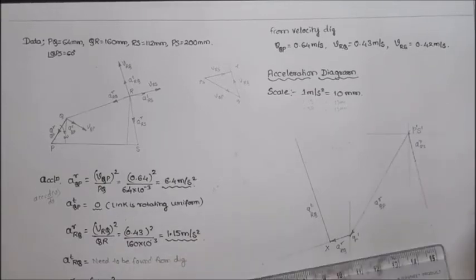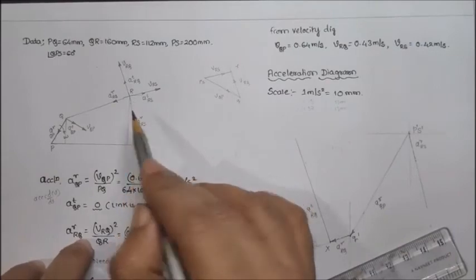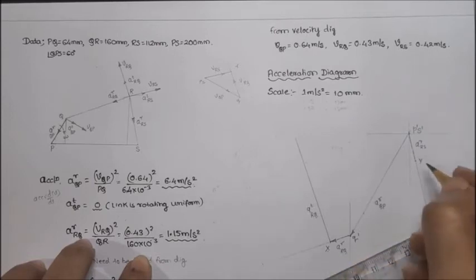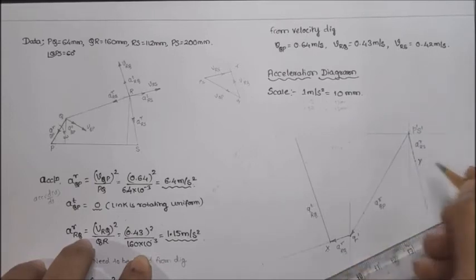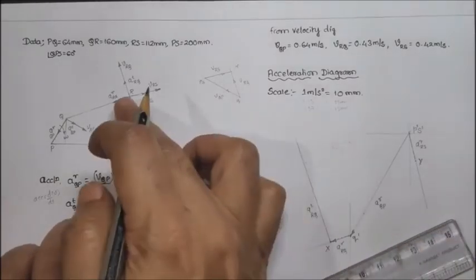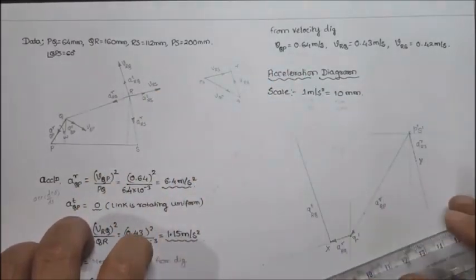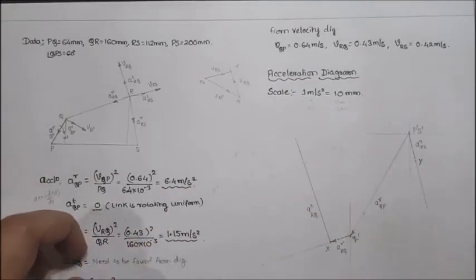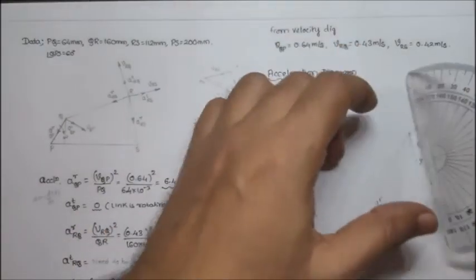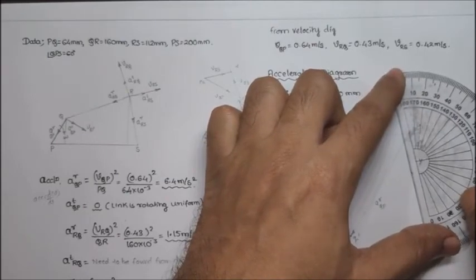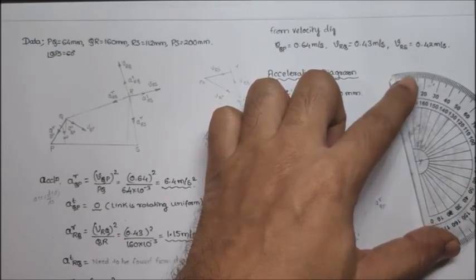Now we have one more thing to be added to this particular point. We'll name this one as y, like how we named x. Next we have to have the tangential component. Here the tangential component is towards outside, and it is 90 degrees. So from this y point I will measure 90 degrees, because it is going outside.